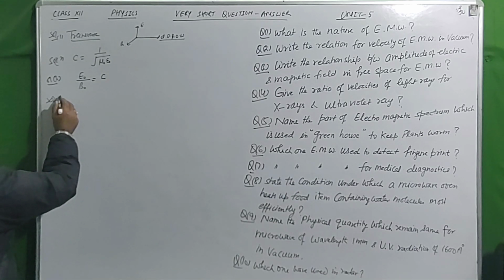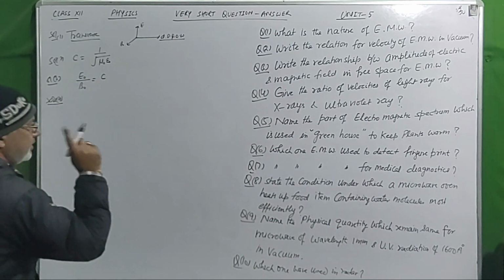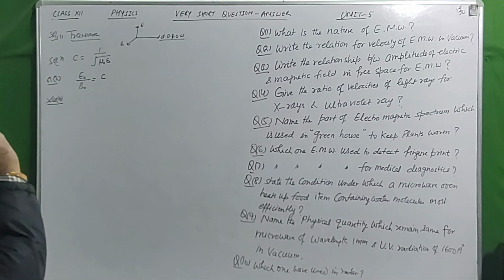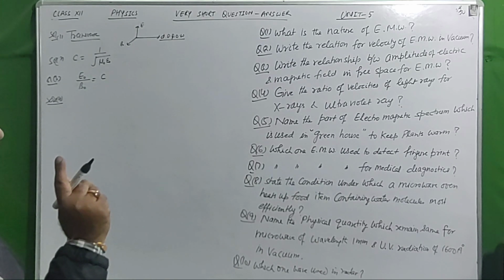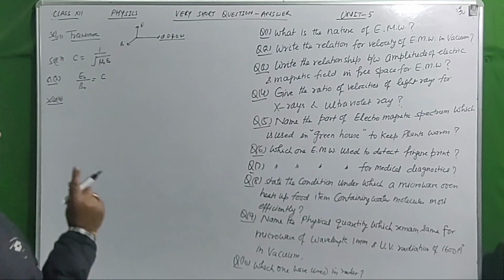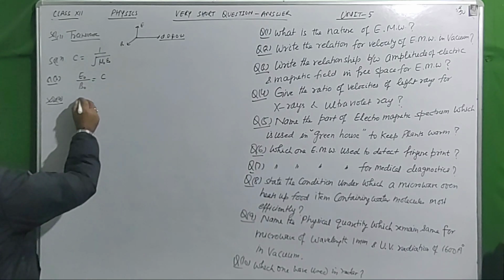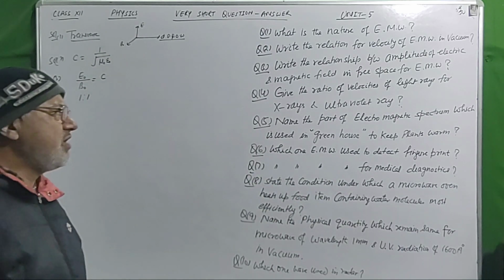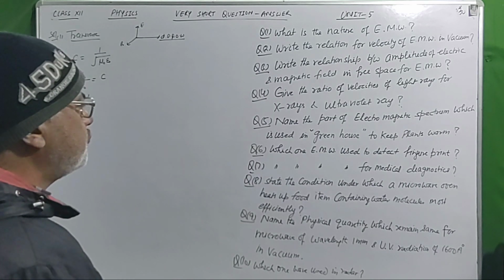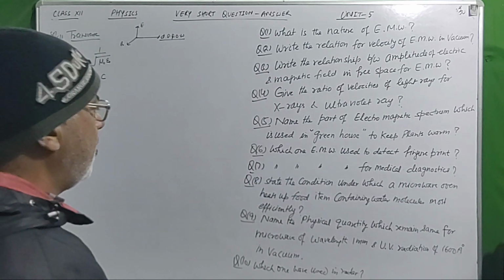Please remember that the velocity or speed of light rays for X-rays and ultraviolet rays in vacuum is the same. In vacuum it is the same, that is 1:1. Name the part of the electromagnetic spectrum which is used for greenhouse effect to keep the plant warm.